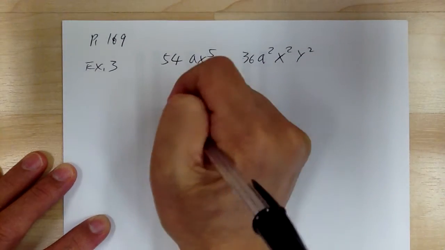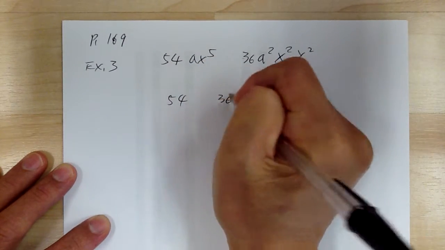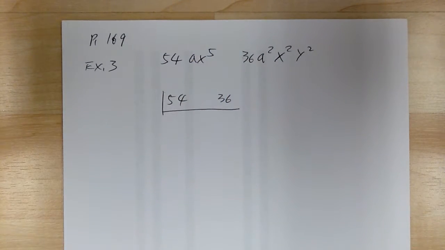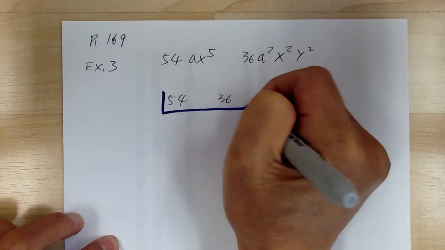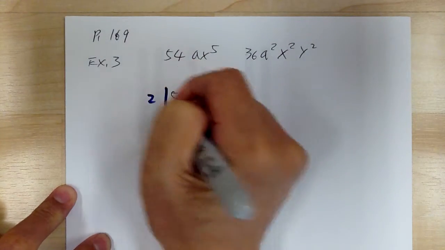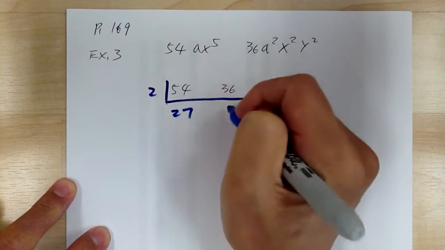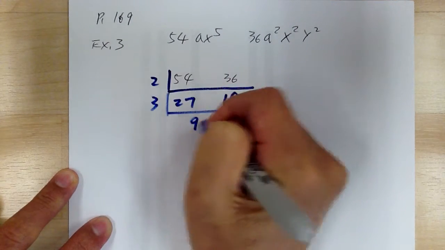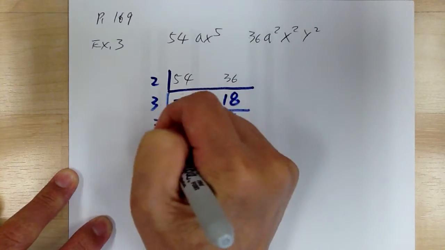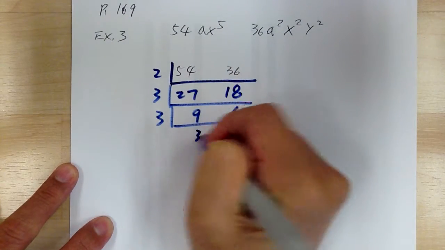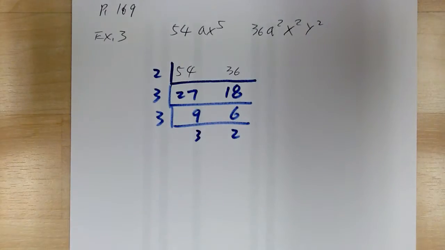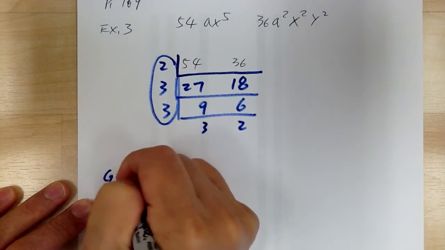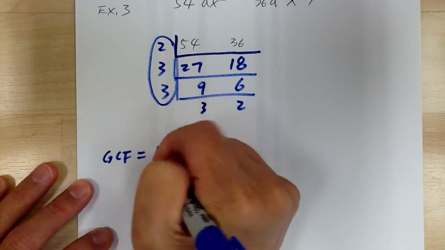Just focus on the numbers, 54 and 36. Again, do the GCF first. Start with 2, so 27 and 18. Then you can go 3, so it's 9 and 6. You can do 3 again, and it's 3 and 2. So your GCF is the numbers on the side, which is 18.